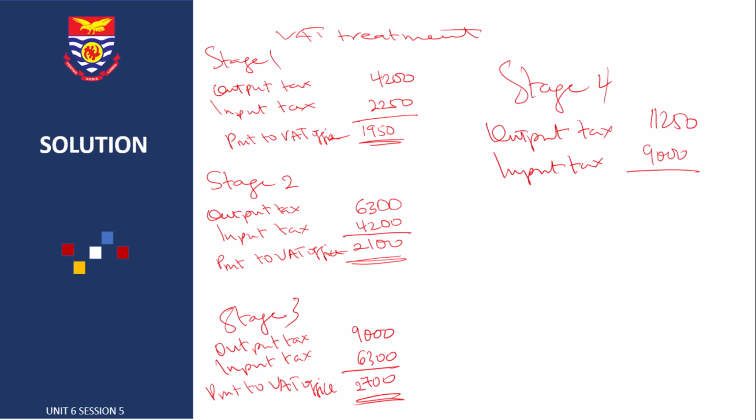The difference is 2,250, and this is also payment to the VAT office. So we have looked at 3 different examples of how the VAT question can be asked.